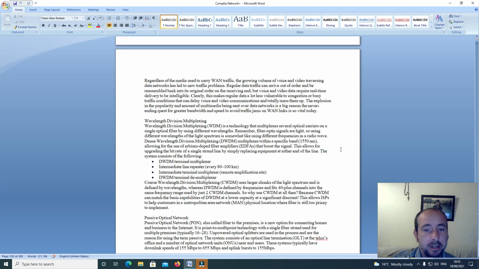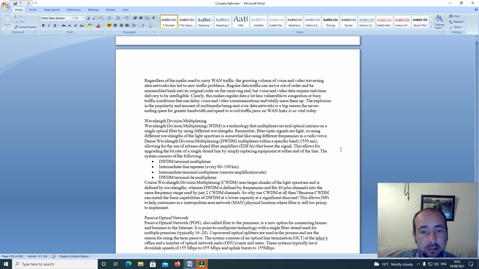Regardless of the media used to carry WAN traffic, the growing volume of voice and video traversing data networks has led to new traffic problems. Regular data traffic can arrive out of order and be reassembled back into its original order on the receiving end, but voice and video data require real-time delivery to be intelligible.